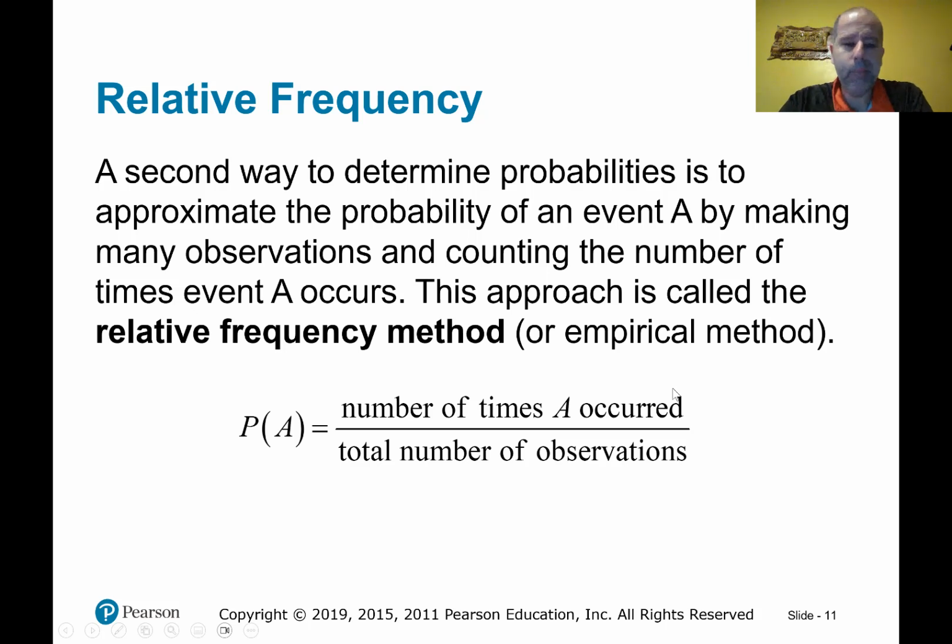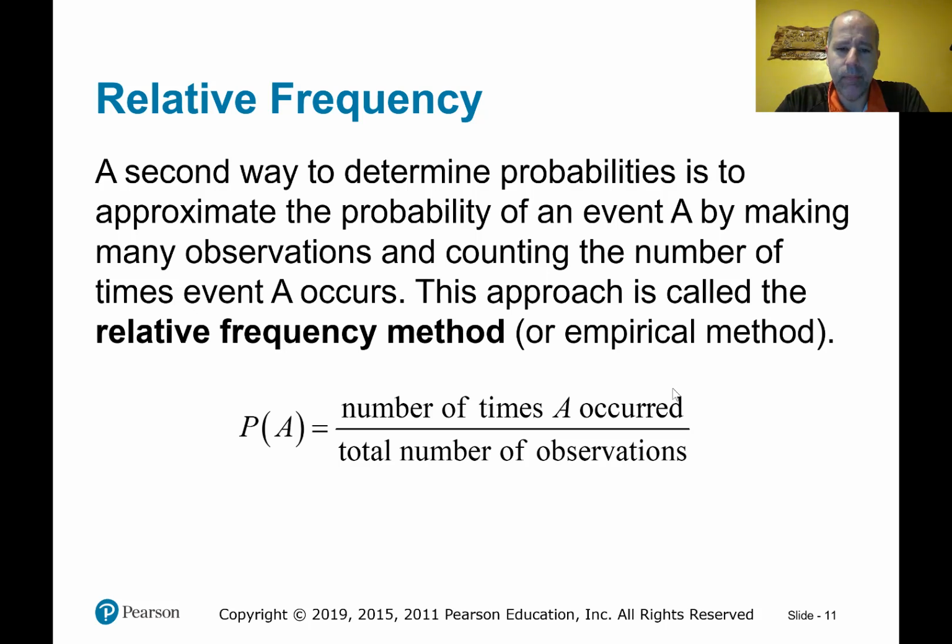All right, now the other definition, there are 2 definitions of probability. The second definition is based on relative frequency. It's called the empirical definition, or the relative frequency definition or method. Okay, and this is based on data.